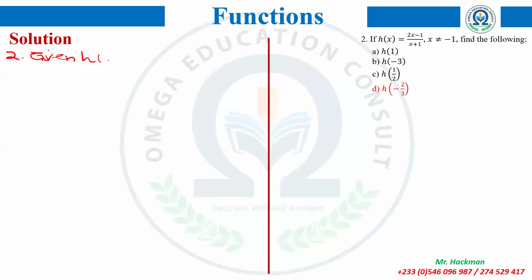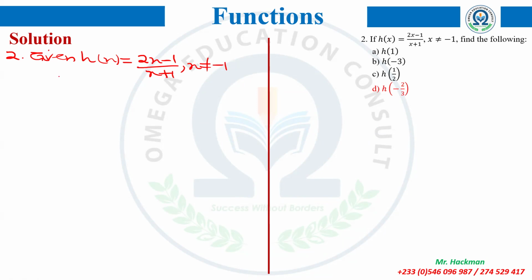Thankfully, the function came in the equation form, or the relation form, I should say. So you equally extract it in that form. I'll get 2x minus 1 all over x plus 1, but that's not all: x not equal to -1. This one is just copy and paste.